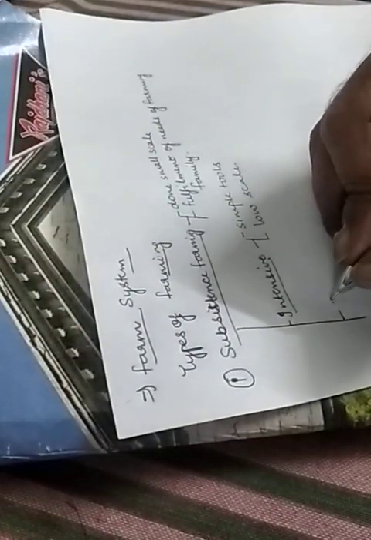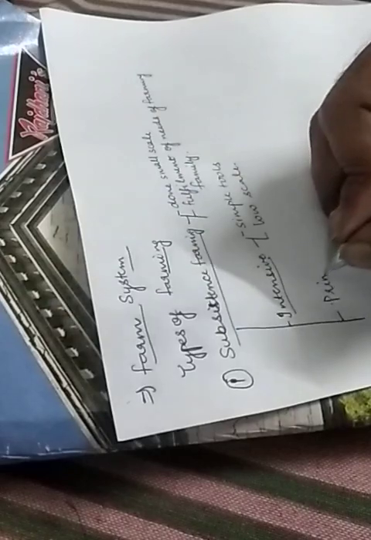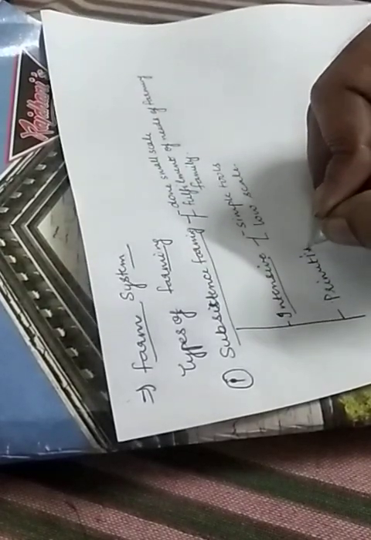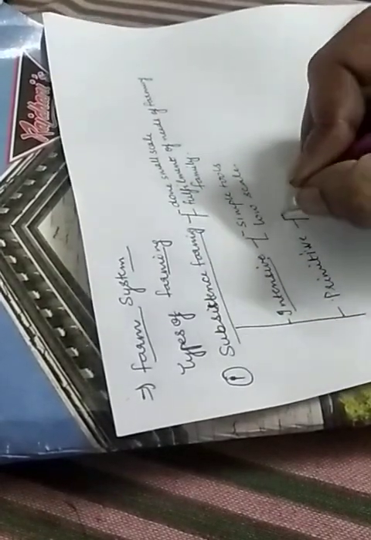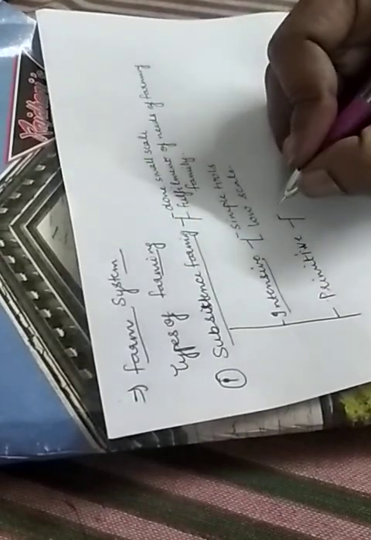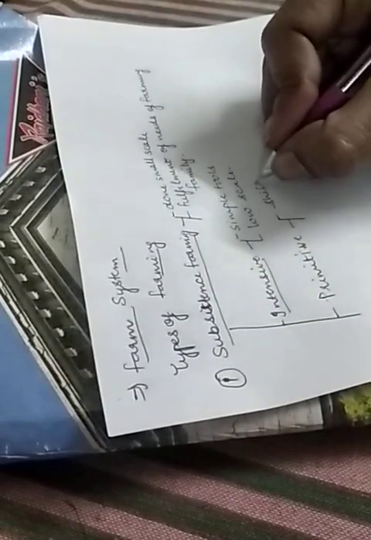Now the next is primitive. Earlier the human beings were nomadic, so this nomadic agriculture they used to practice, and in this comes shifting cultivation and nomadic herding.